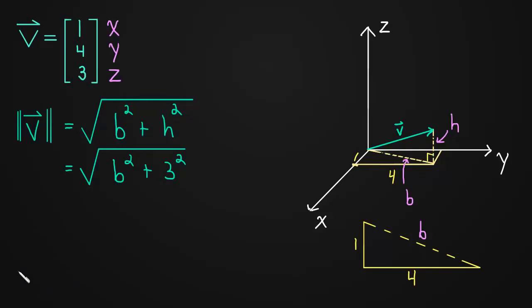And we can say that b is equal to the square root of 1 squared plus 4 squared. That's what b is. Well, now that we have a term for b, let's go ahead and plug that in.